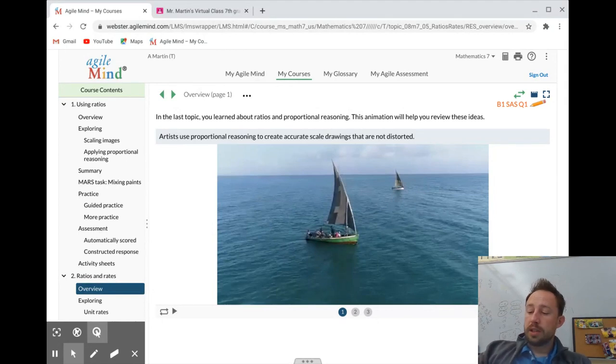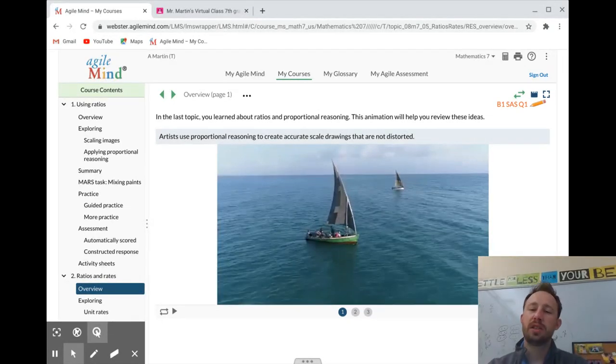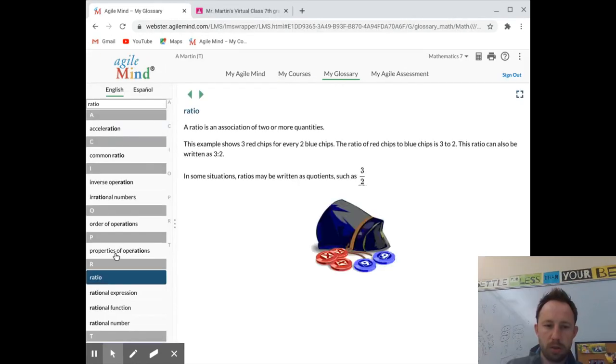So, to get us started thinking about ratios and rates, who can give me an example of a ratio? Four thirds. Layla, will you read this? A ratio is an association of two or more quantities. This example shows three red chips for every two blue chips.